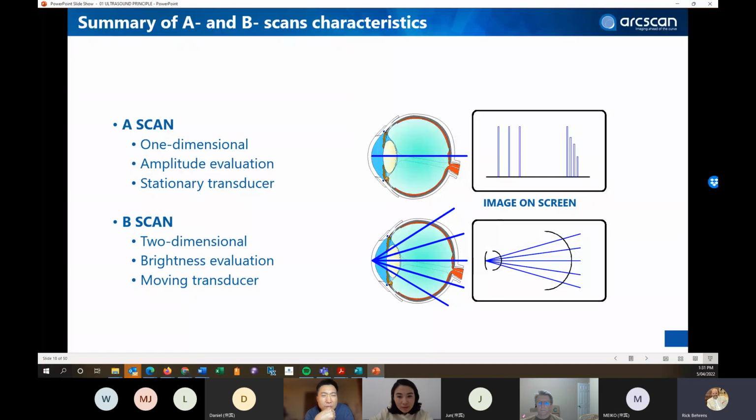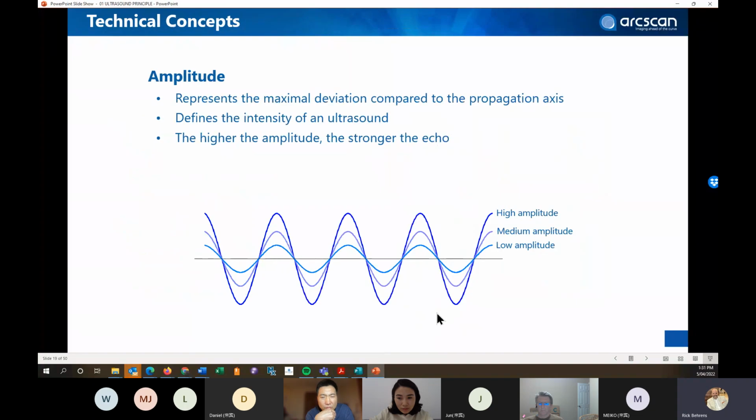We only do B scans. And when we talk about B scans, there are two, the anterior and the posterior, and we only do the anterior part. The A scan is one direction, it's only one line. The B scan moves across a lot of lines to produce a whole image.